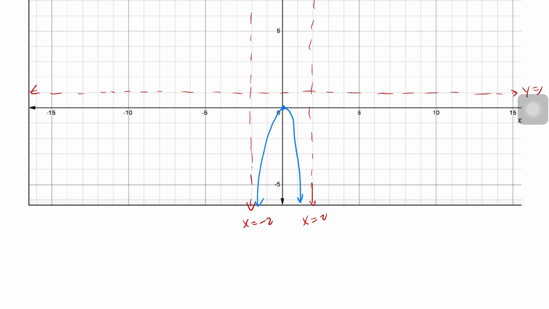One of those two is going to happen, and we just have to figure out which one. All we have to do is figure out a point on the graph. If the point is on top, then the graph is going to be over here. If the point is on the bottom, then it's going to be on the bottom.